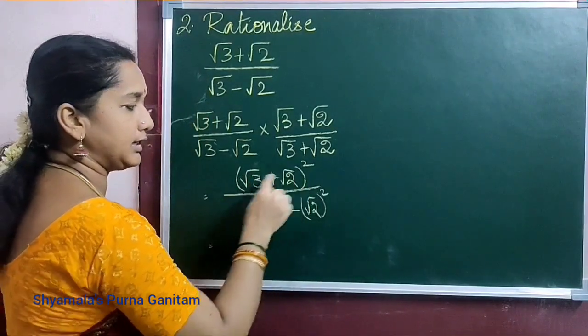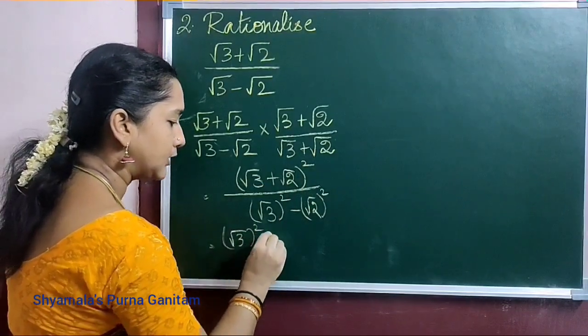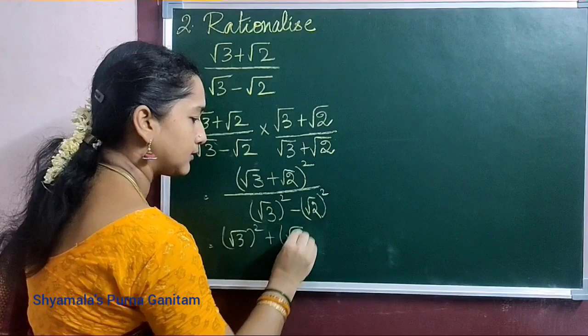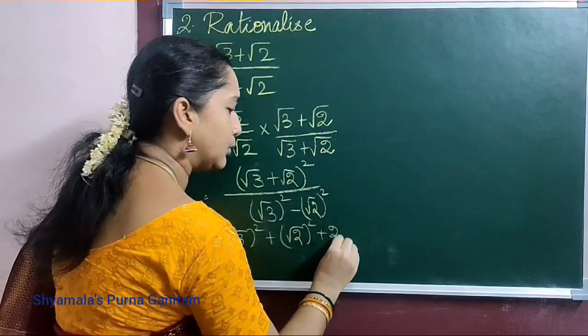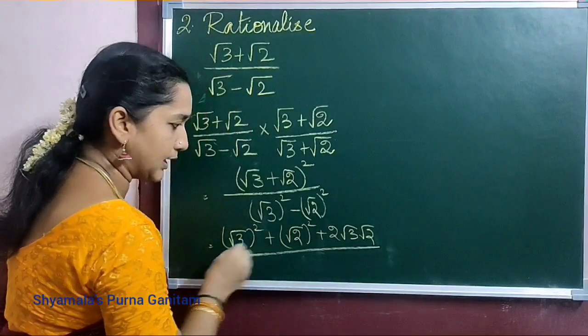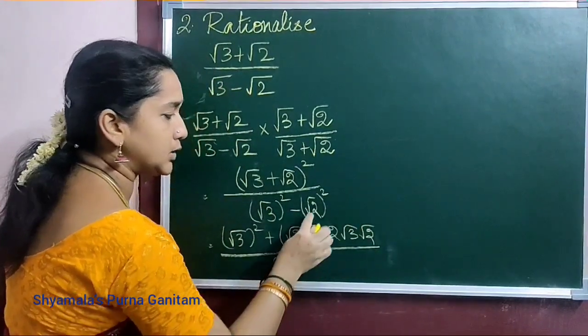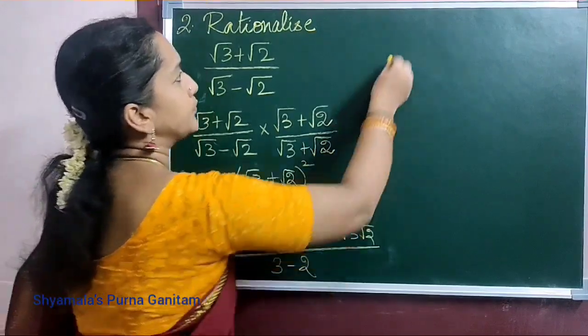The numerator is a plus b the whole square, so a square plus b square plus 2ab, by root 3 the whole squared is 3 minus root 2 the whole squared is 2.